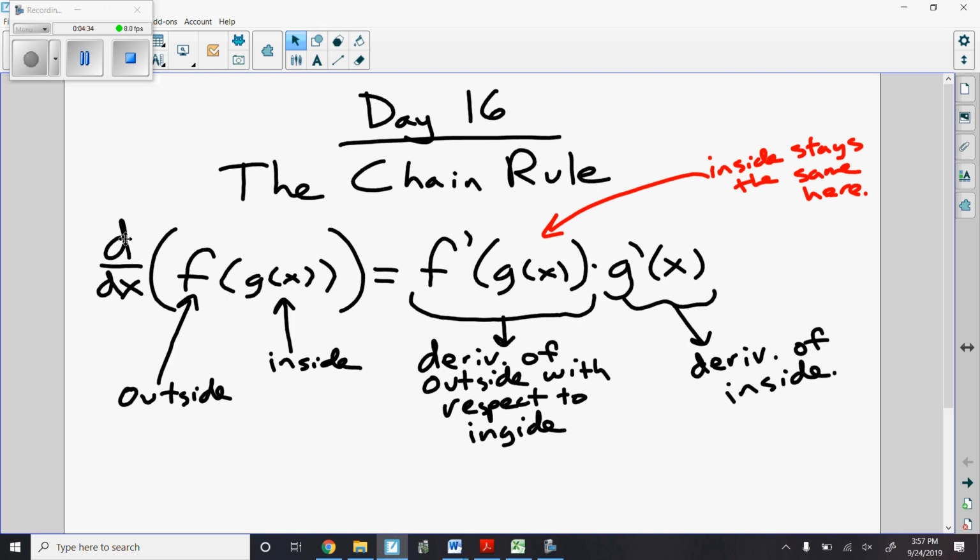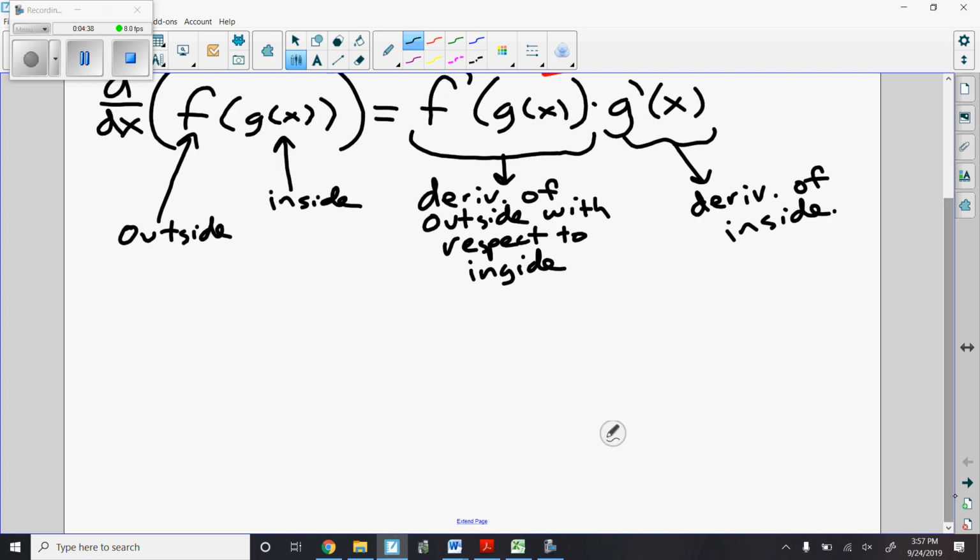So here's example 1. So we have the function f of x equals sine of x to the fifth. And again, I'm asking you to find f prime of x.